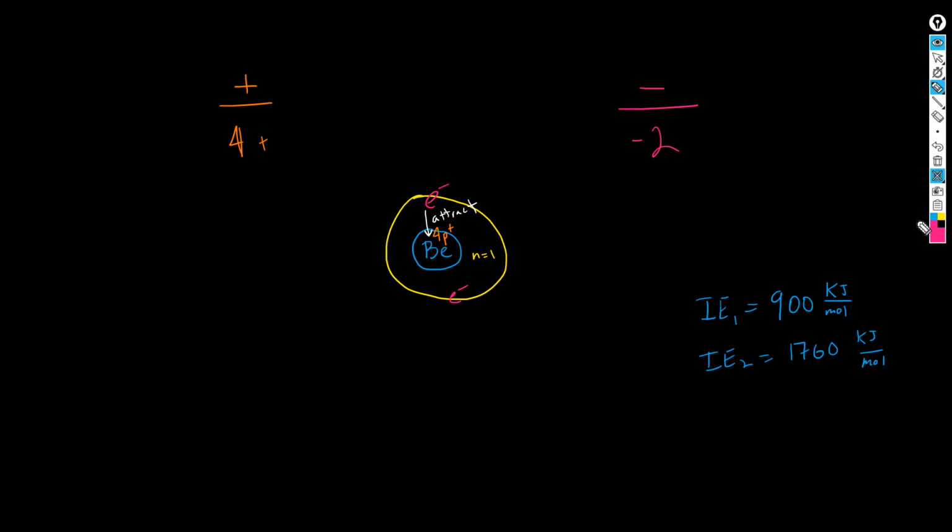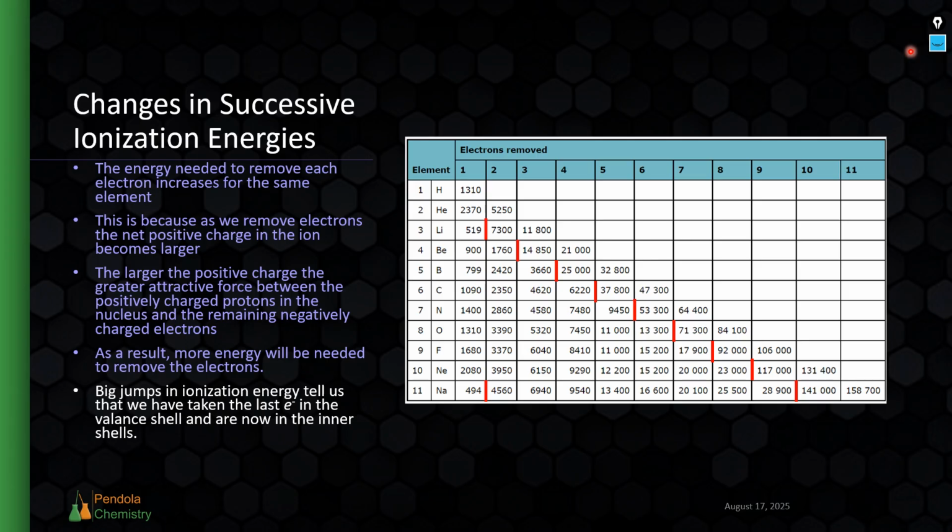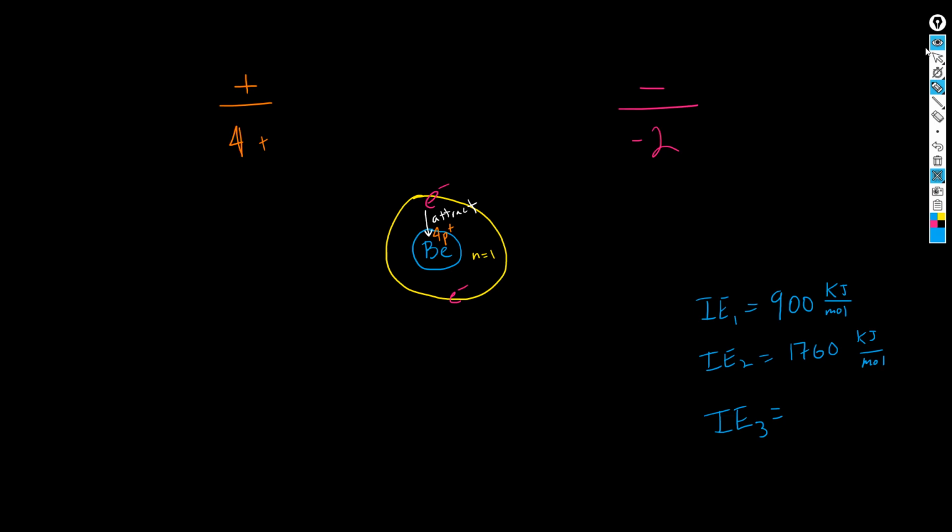Let's look at what happens when we go to the third ionization energy. The third ionization energy of beryllium is 14,850. So you notice, is it not only higher? Not only is the third ionization energy for beryllium higher, it's astronomically higher. Why? We got rid of a whole layer of electrons.